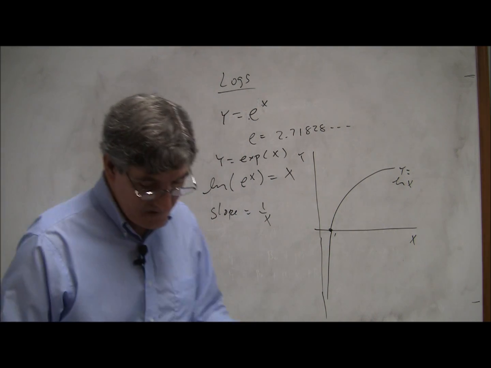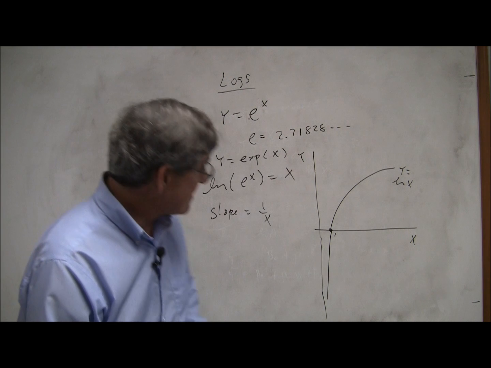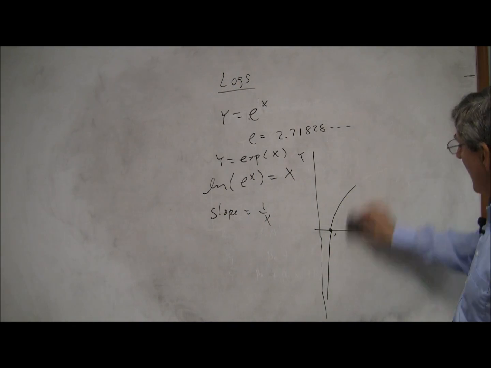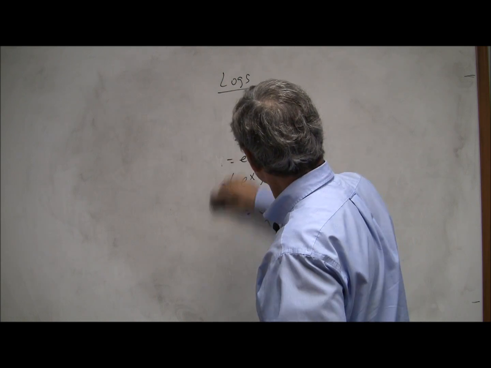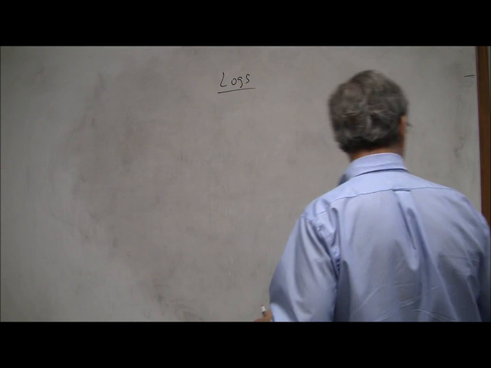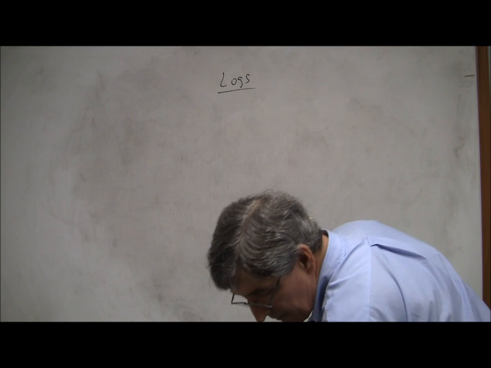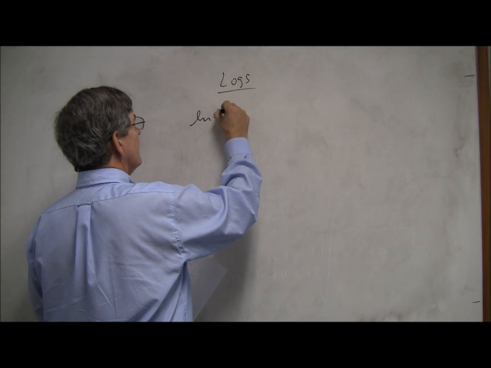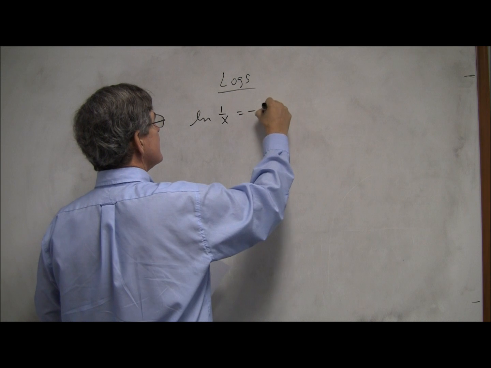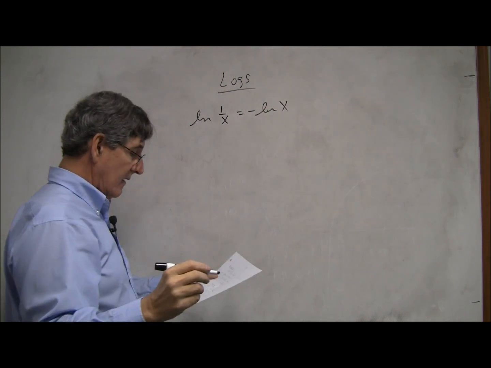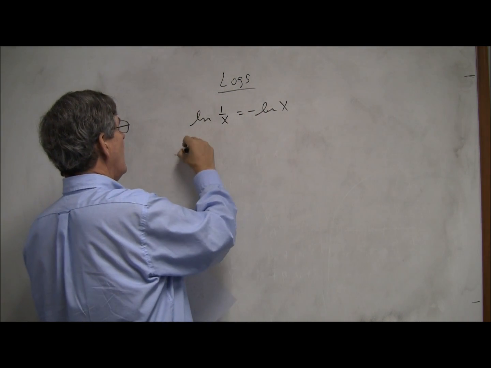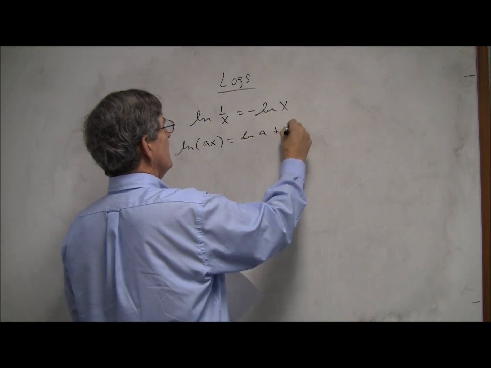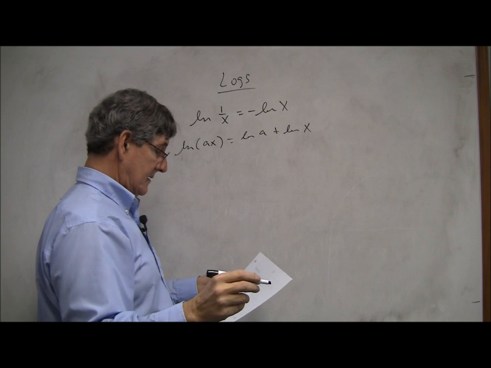Just for some facts, let me write a few more things down about logs, just in case you've forgotten. The log of 1 over x is minus the log of x. That's often useful. The log of ax is log a plus log x.